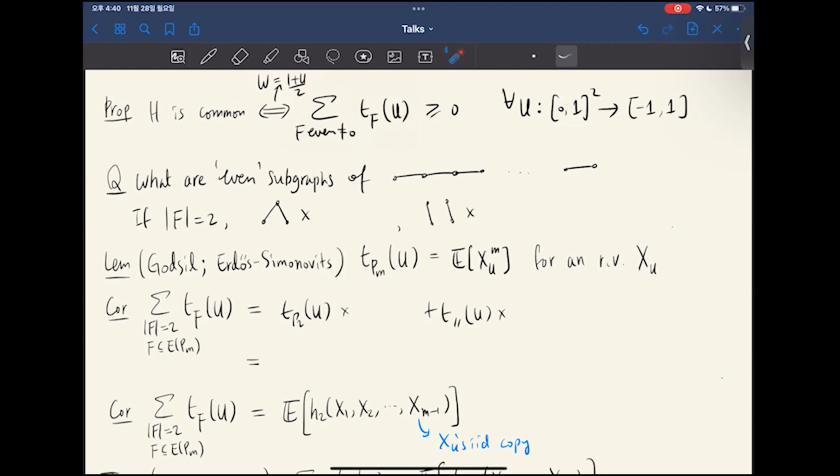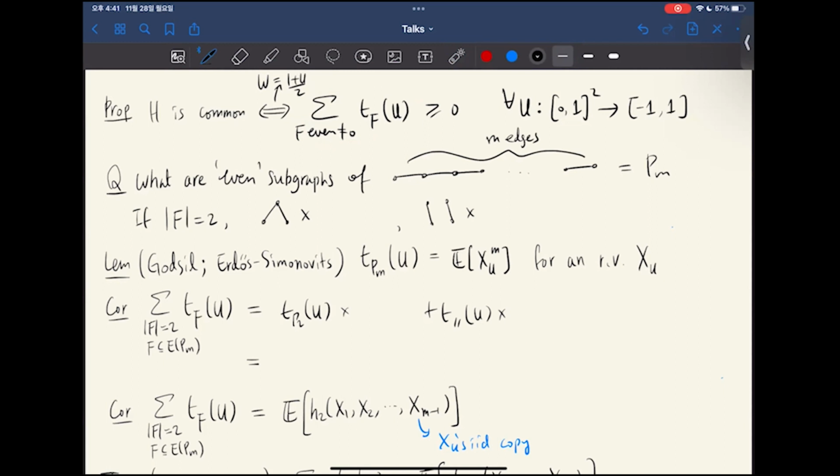So, as a natural generalization of this argument, what I get is H is common if and only if this part is non-negative. Okay, then let's do an example. So what are even subgraphs of an M edge path? Let's say there are M edges, which I call PM. And then what are the even subgraphs of these?